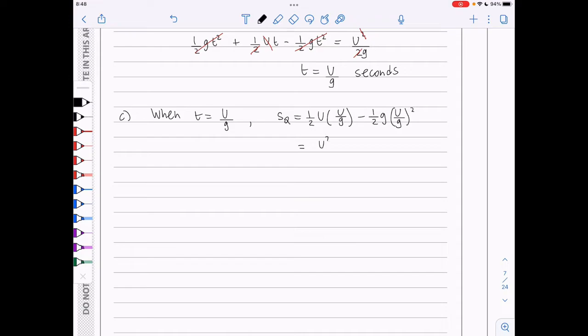This is u squared over 2g minus, we've got u squared, the g with the g squared will leave me a g in the denominator, so 2g. So this is just 0. It means that they will collide 0 meters above the launching point of Q, so essentially they will collide at O.